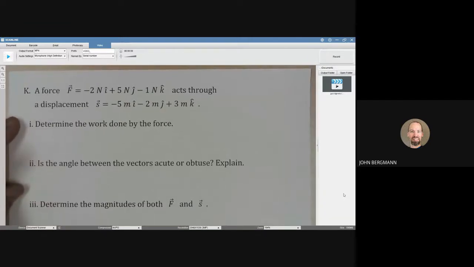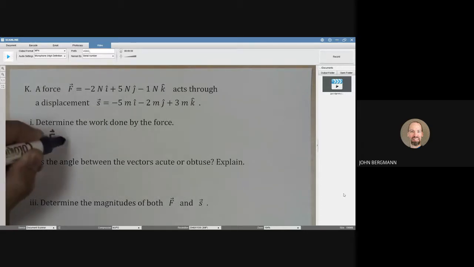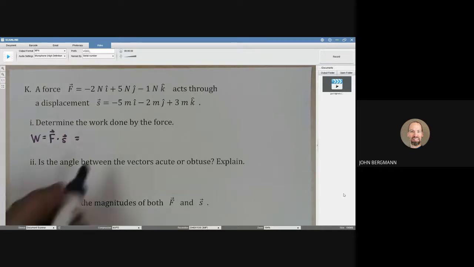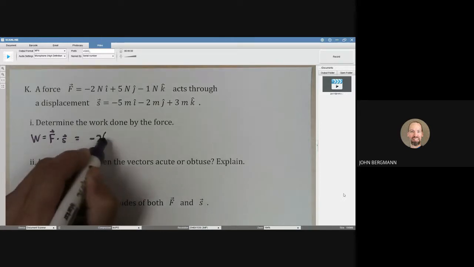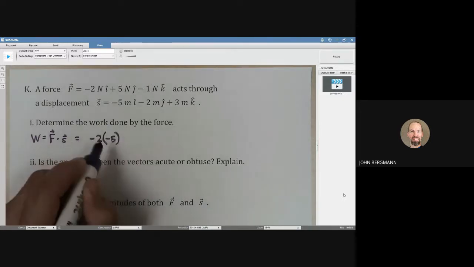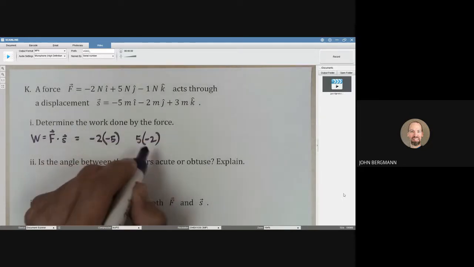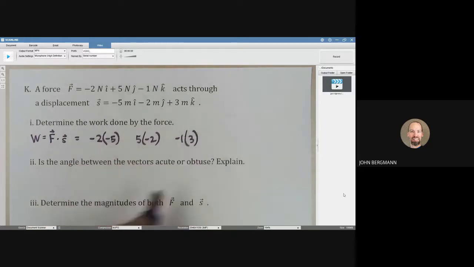Here we've got a force and a displacement, and we want to know the work done. The work is the dot product of the force and the displacement. And we said that if you have vectors in unit vector form, you multiply the i-hats, and that's going to be -2 times -5, and then you multiply the j-hats, which is 5 times -2, and then you multiply the k-hats, which is -1 times 3.